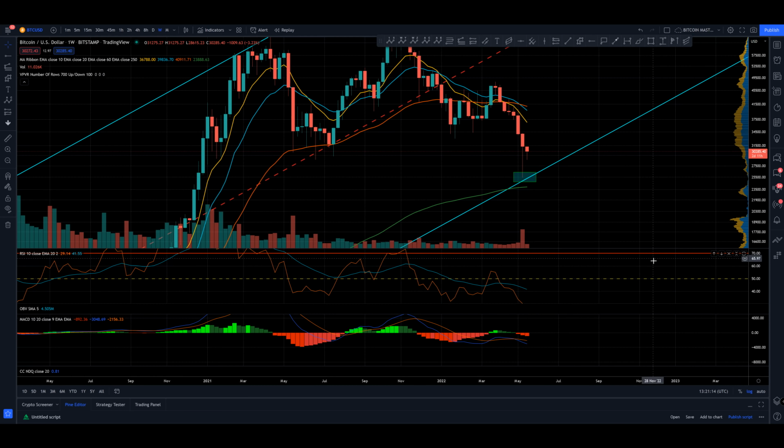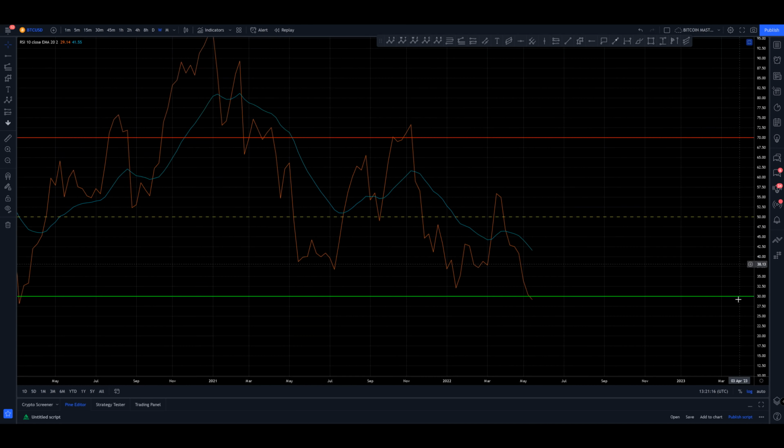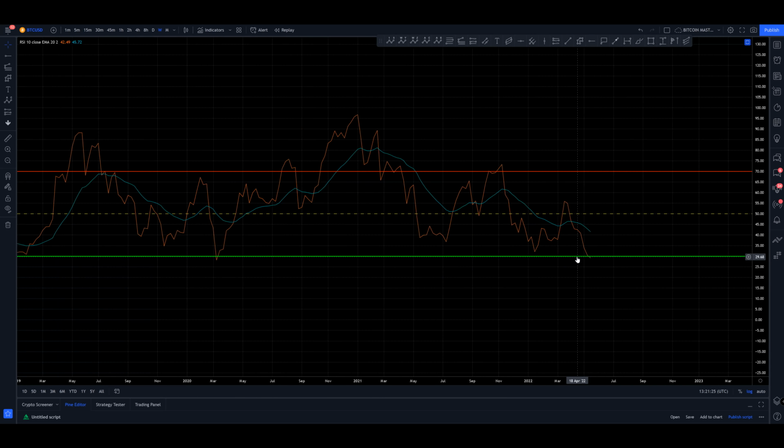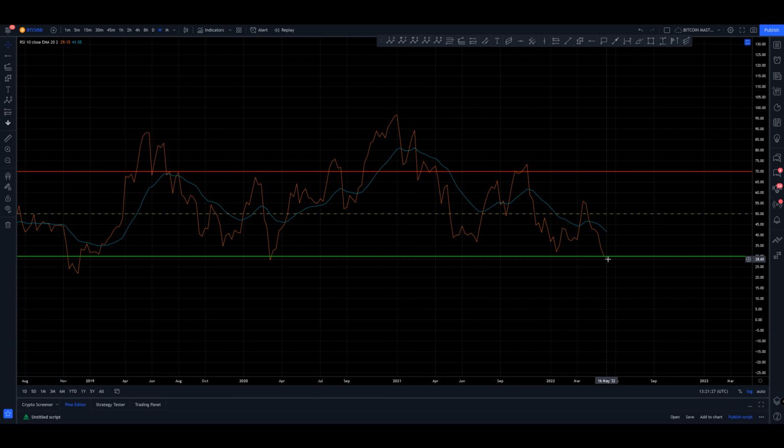Now on the RSI, we've gone from overbought back in January 21 finally into oversold conditions on the weekly time frame. We have not been at oversold conditions on the weekly time frame since the March 20 lows. So we've done a round trip.